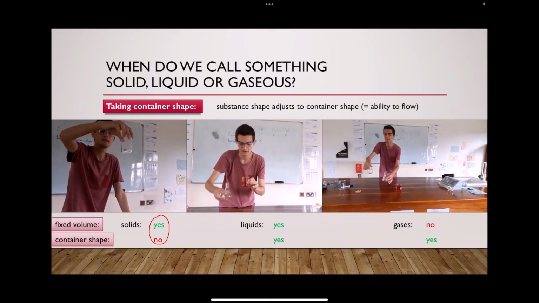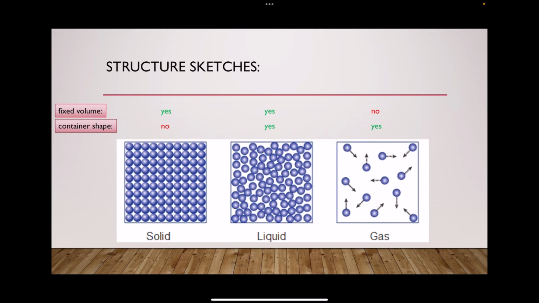A substance which has both a fixed volume and the ability to flow, respectively taking the container shape, must be a liquid. And a substance is in the gaseous state of matter if it has no fixed volume but does take the shape of the container. Now we have scientifically made clear how the states of matter differ one from another.